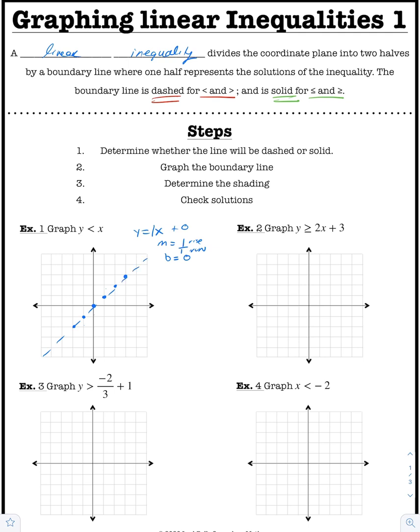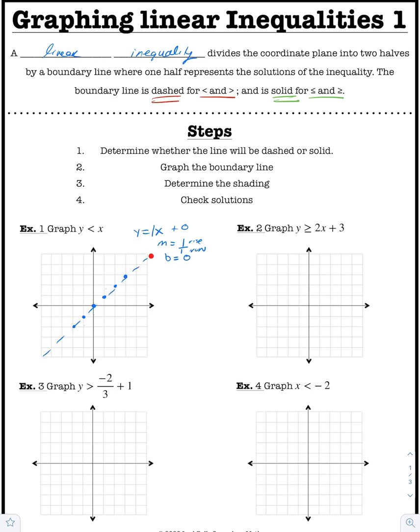And then you may say, well, why is this line going to be dashed? Because our y values are less than x, right? This line is representing x, and y is less than x. Our y values we want are less than x. So that means that the solutions are not on this line, only less than.